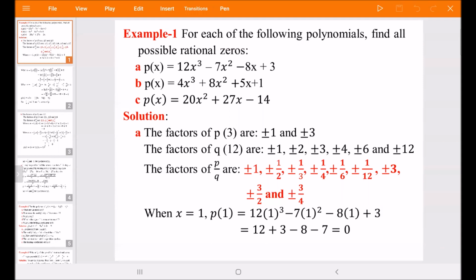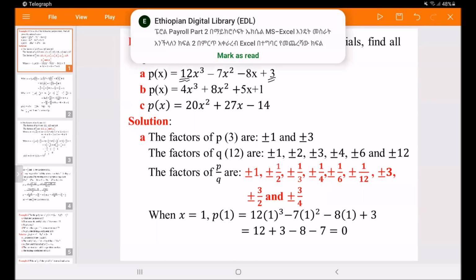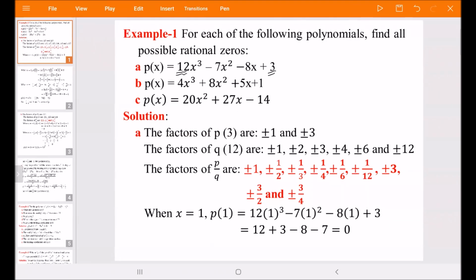Rather, we have to focus on the constant term and the leading coefficient. List the factors of the constant term, it is P. List the factors of the leading coefficient, it is Q. So for the first one, P is 3, so the factors of 3 are plus or minus 1 and plus or minus 3.